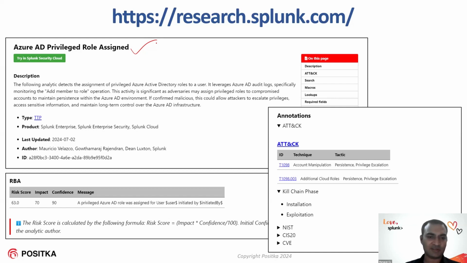The SPL is the query that we need to run on top of the data. So the query is available, along with RBA information. Splunk has already determined the impact and the detection confidence for this particular rule, and it is giving us all these details. It also gives us different annotations. Not just MITRE, it gives us NIST, CIS 20, and it also gives us vulnerability information as well.